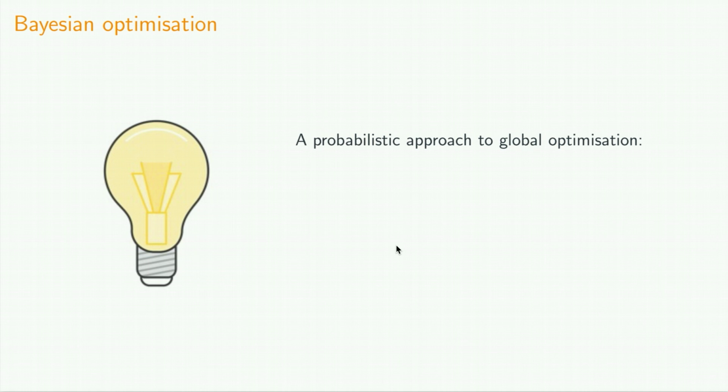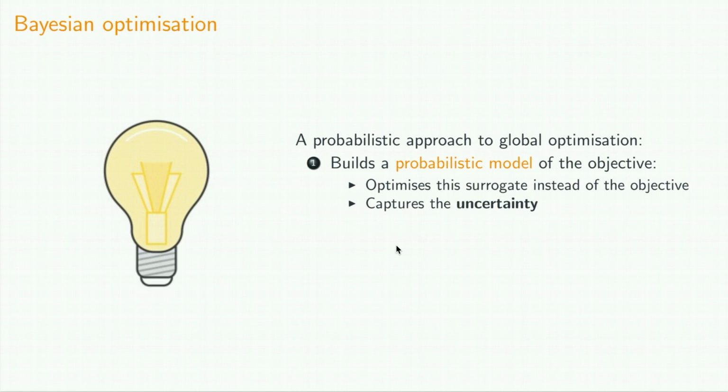So to be more data efficient, there is one family of techniques called Bayesian optimization. And the approach is to build a probabilistic model of your objective. So you will take a probabilistic approach for global optimization. And the first step is to build this probabilistic model, which we will then optimize. We optimize this probabilistic model that we learn on the evaluations, so we optimize a surrogate instead of the actual true objective.